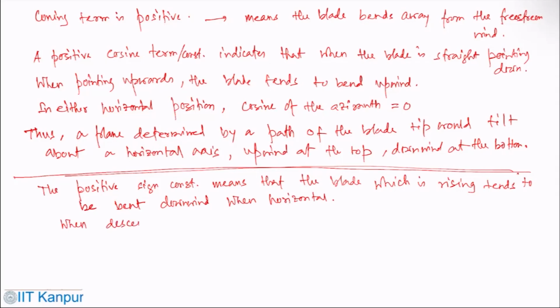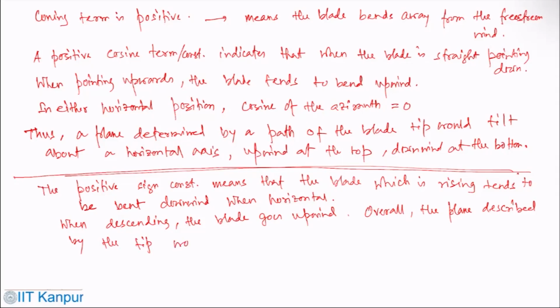When descending, the blade goes upwind. So overall, the plane described by the tip would tilt to the left, in the direction of positive yaw. So which has been shown in this figure.